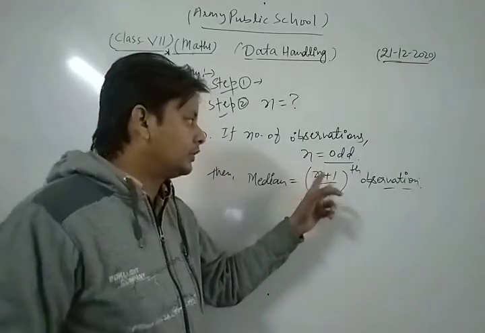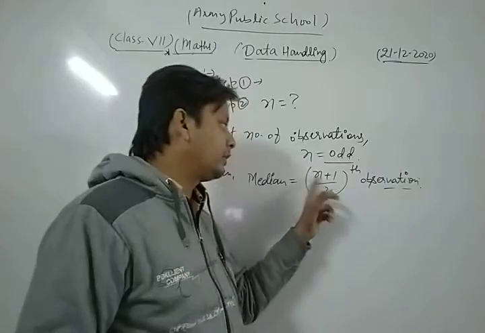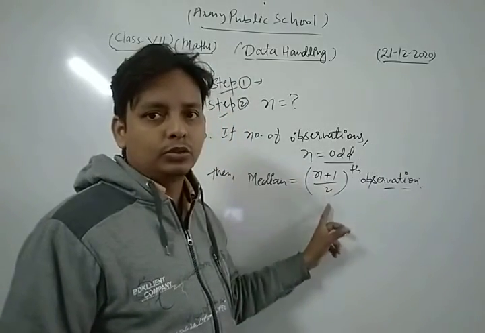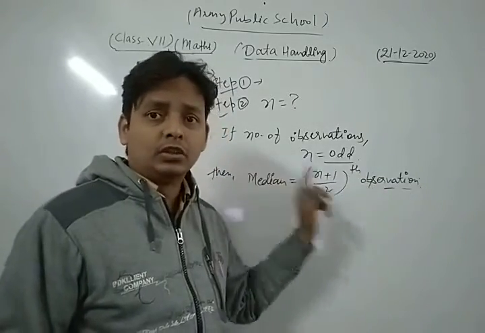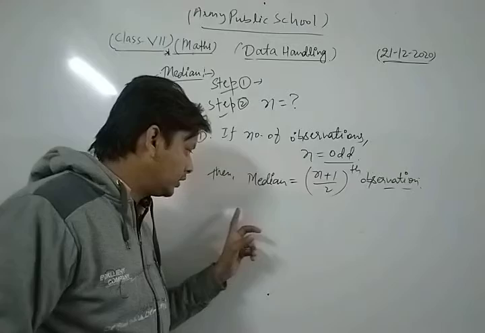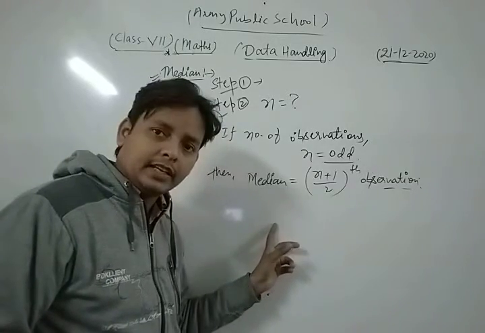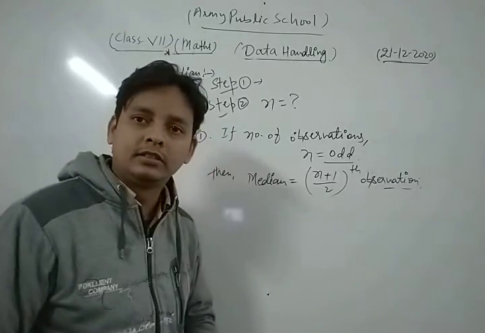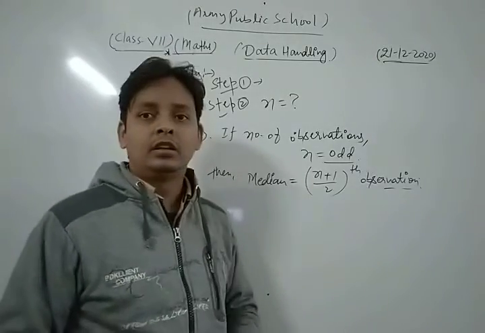Suppose after solving, the value of n is 7, then the median is the (7 plus 1) upon 2-th observation, which means 8 by 2, that is 4, the fourth observation of the data. So you count the fourth observation as 1, 2, 3, 4. The fourth observation in the distribution is called the median of that data. In this way you find the median if n is odd.